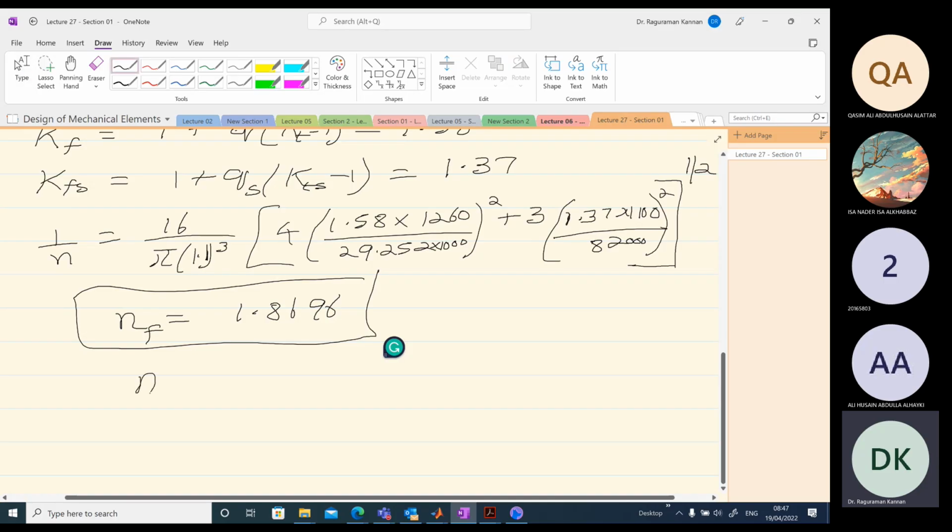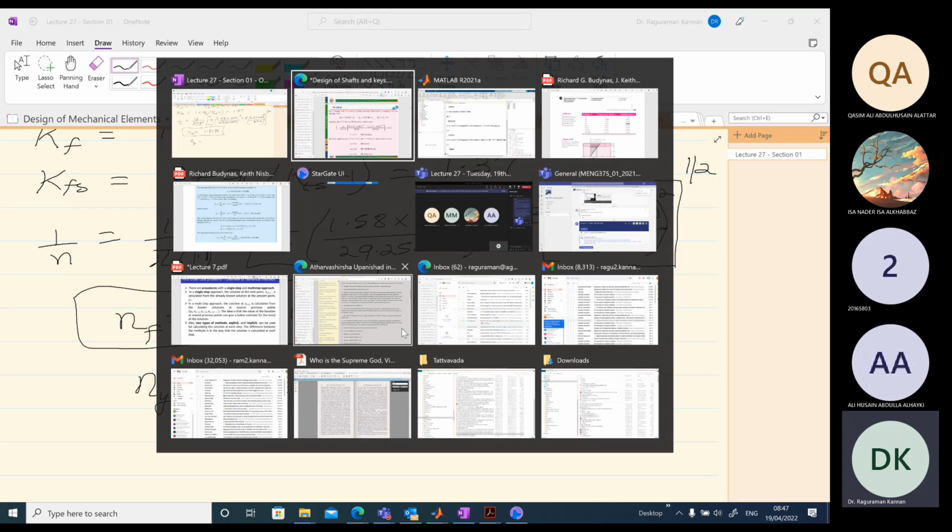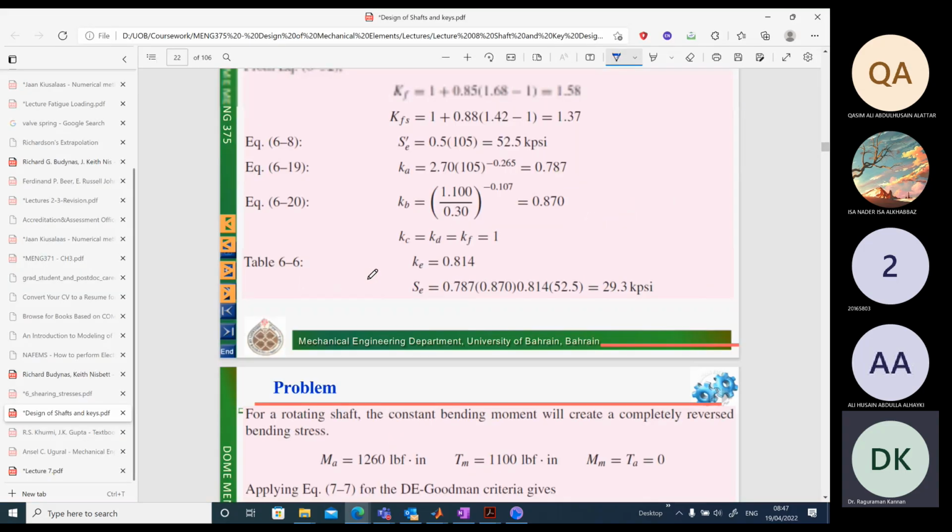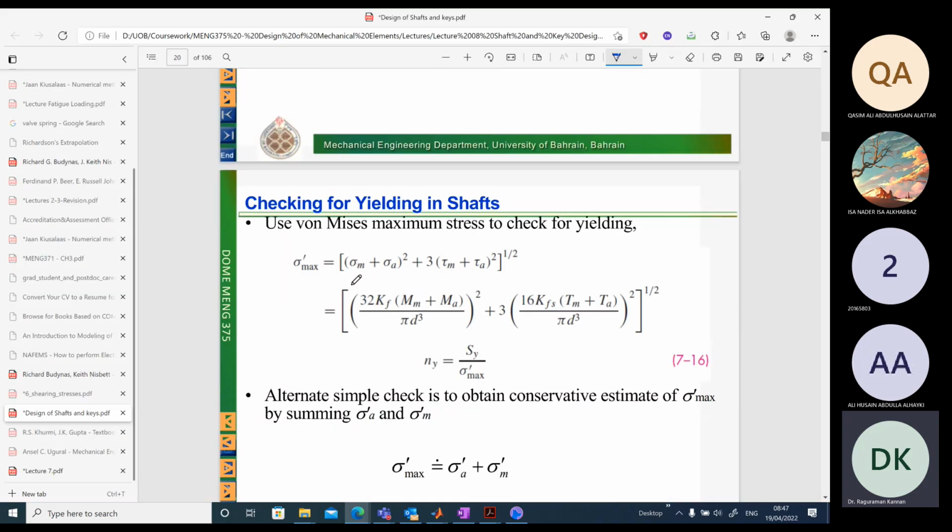So let's also check for yield factor of safety. You can use the same procedure to calculate other quantities. We also need to check for the yield factor of safety. For yield factor of safety, the formula which we have is right here, and we can see that the mean stress will again go to 0, and the amplitude of shear stress from torque will also go to 0.